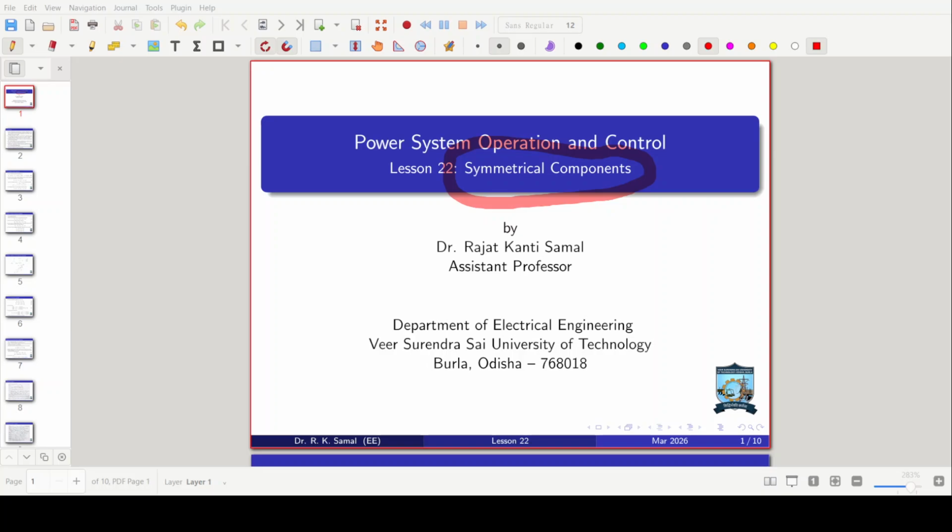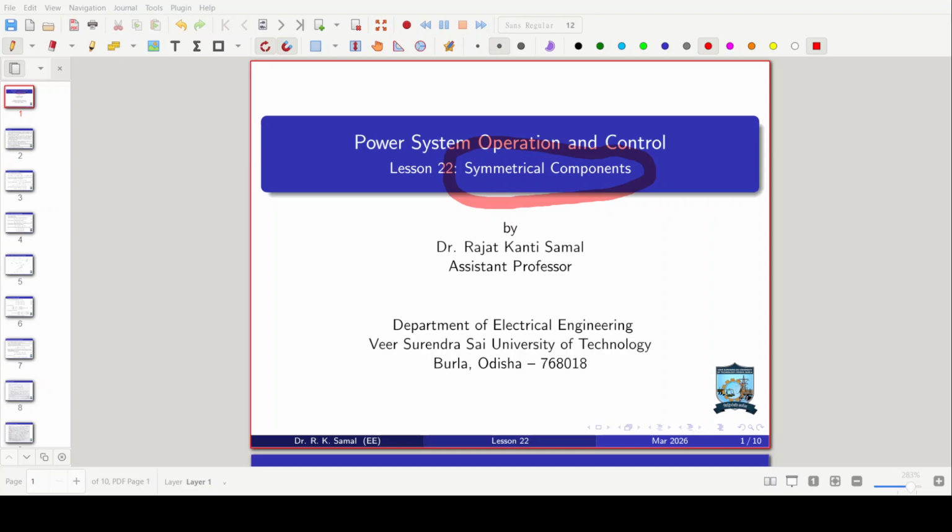Now what is the difference between the approach in case of symmetrical and unsymmetrical faults? In case of symmetrical faults, the system is balanced. Therefore, we can do the analysis on a single phase basis. Then we can extend that to the three phase system.